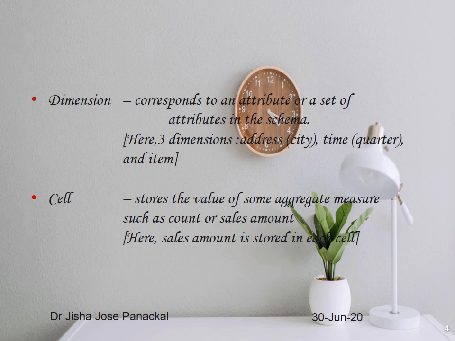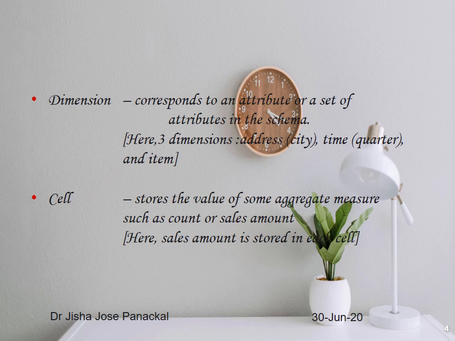We will see what a dimension is and what a cell is. I already explained, but we will see again. A dimension corresponds to an attribute or a set of attributes in the schema. It represents an attribute. Here there are 3 dimensions. One is address, represented as cities, and time, represented as quarters, and we have item.